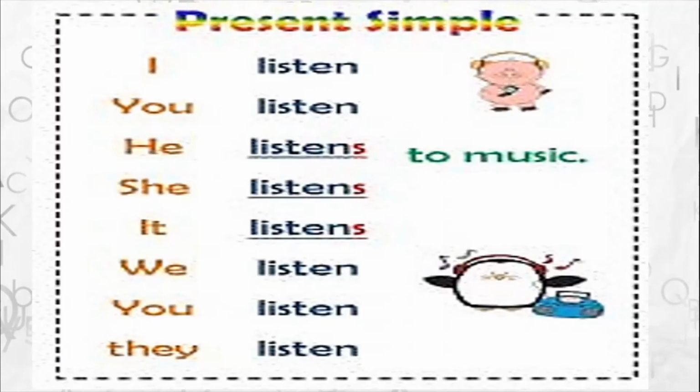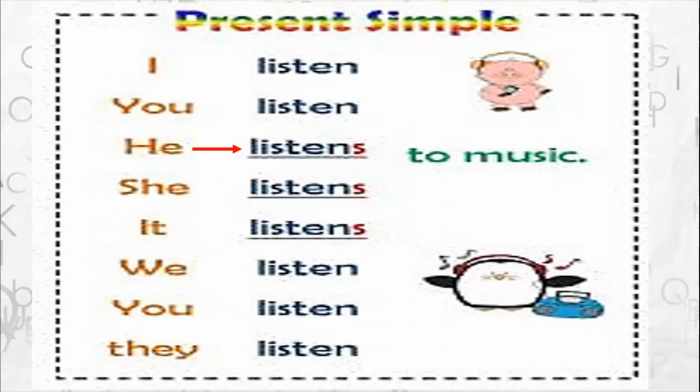See, this is the simple present tense, and now we are looking at our example of the s. So he listens. I told you, third person singular is he, she, or it. So I listen, you listen. There is no need to add the s form.